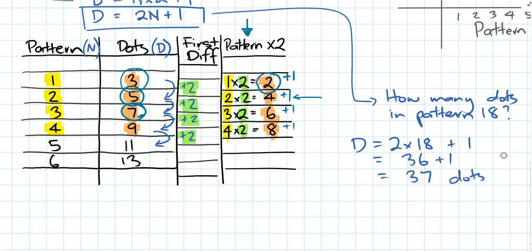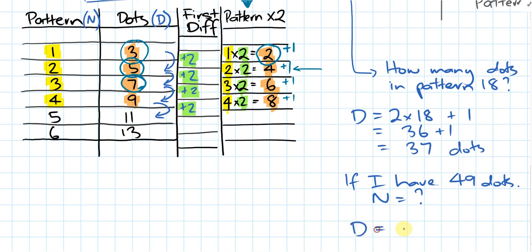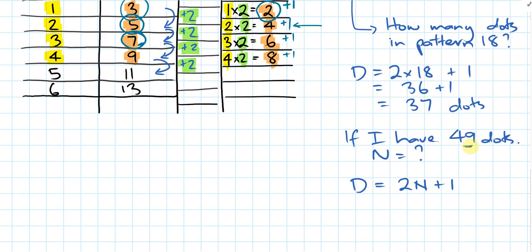I can also work out the pattern number. If I have, let's say, 49 dots, what pattern number is that? You can use the equation as well. D is equal to 2n plus 1. I know what D is, it's 49. So 49 is equal to 2n plus 1. From our work in algebra, I'm going to subtract 1 from both sides.